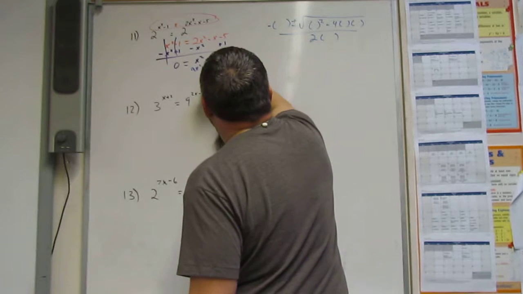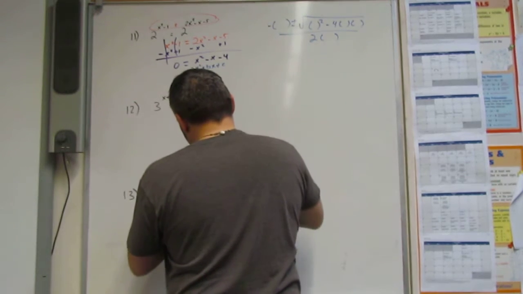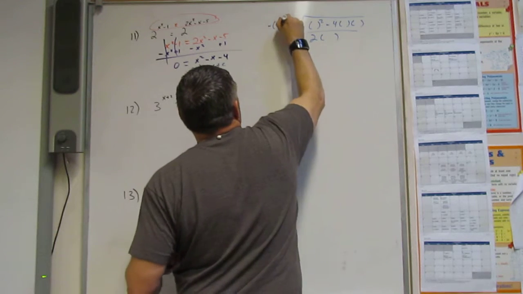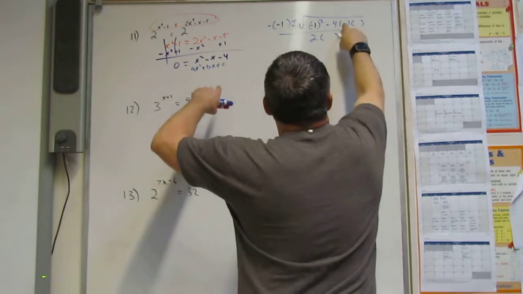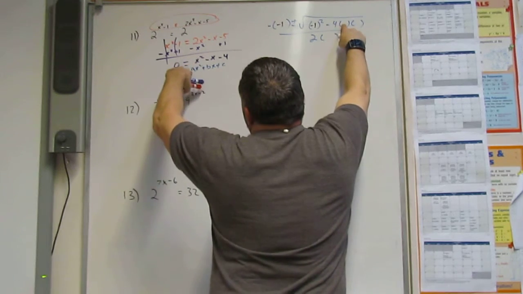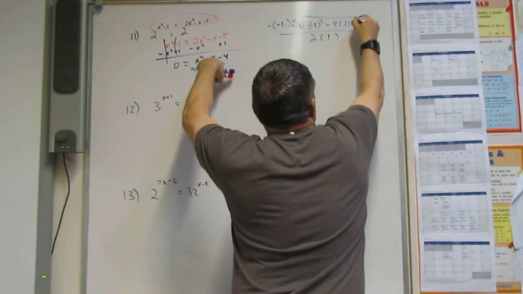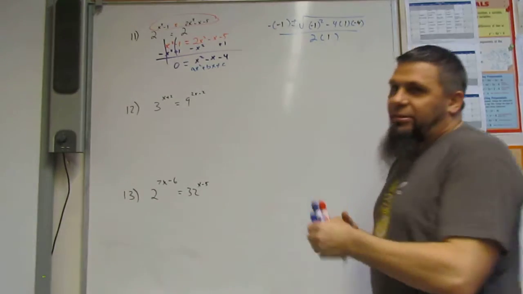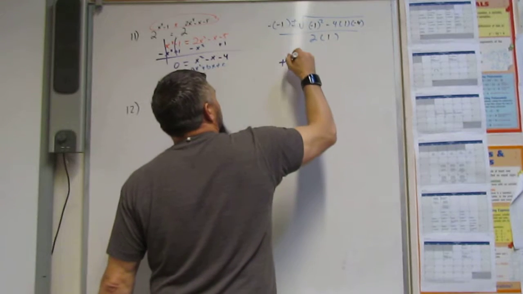Negative B. B is negative 1. Okay? I'm going to start plugging in. Negative 1 for B. Negative 1 for B. A, that would be 1. And then C, that would be negative 4. Okay? Now it's just all math. Simple. So negative and a negative is a positive.